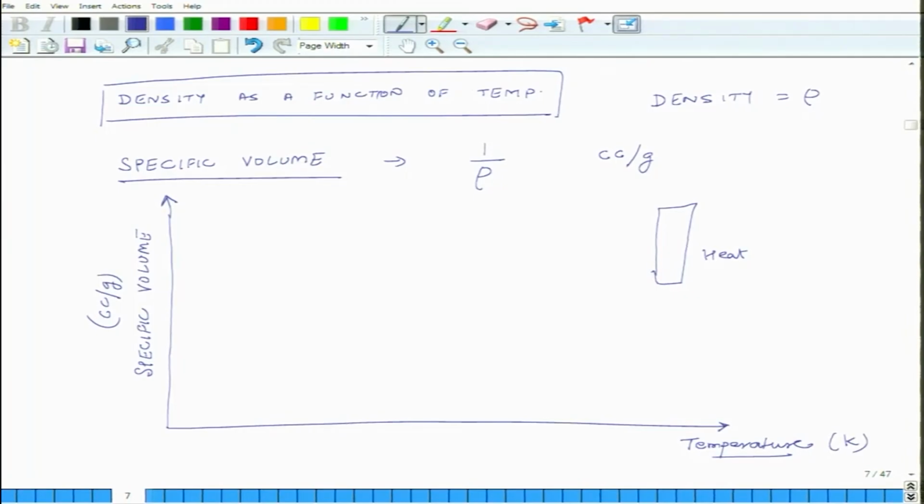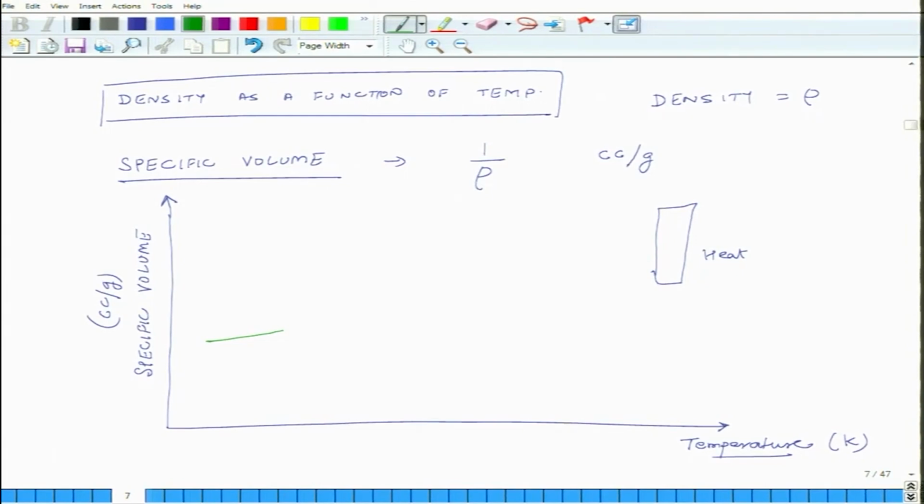First, we will look at the behavior of an amorphous thermoplastic. If I heat it, what happens? It will slowly expand. So it has a positive slope, but that slope is not very large.